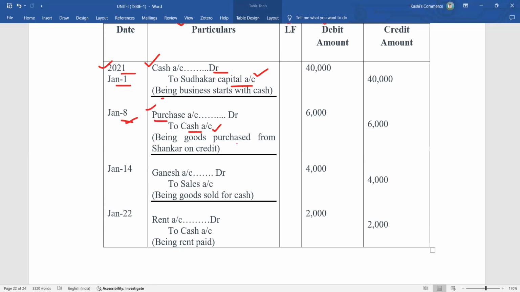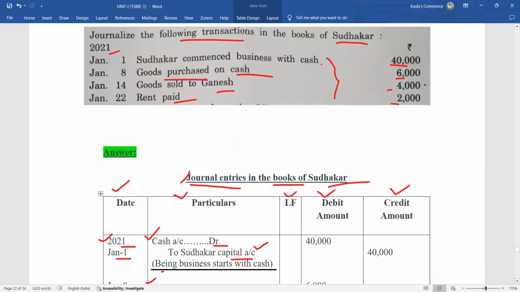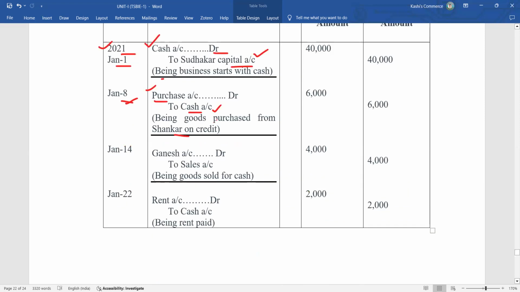Here the narration: goods purchased on cash. You have to write the general narration, like being goods purchased on cash.